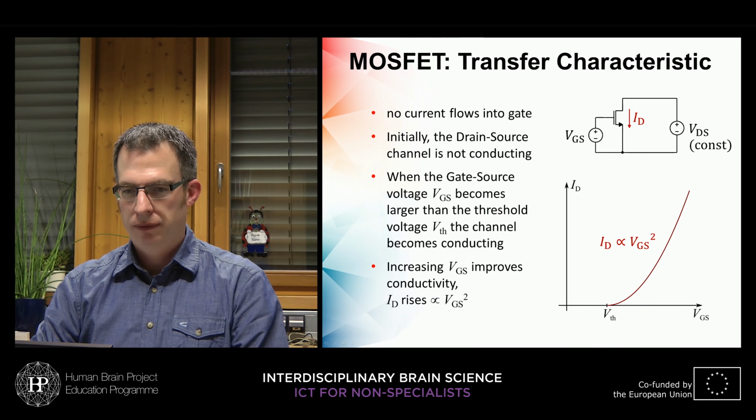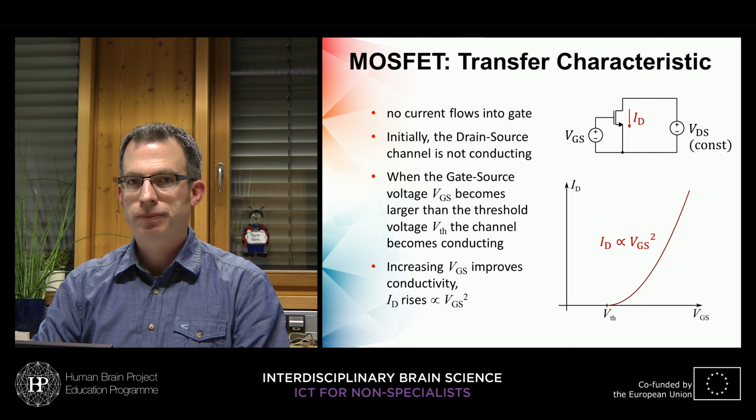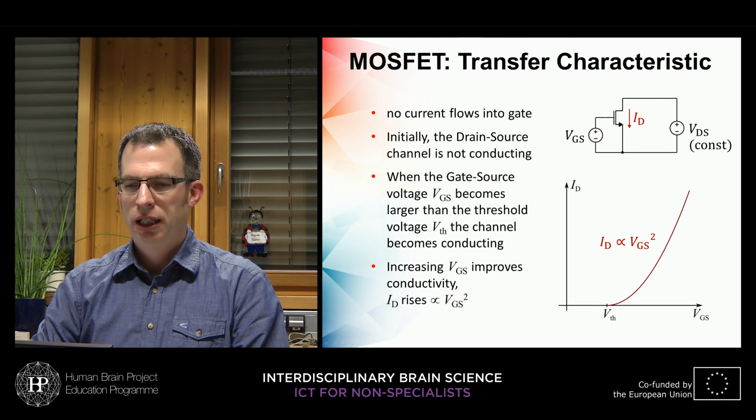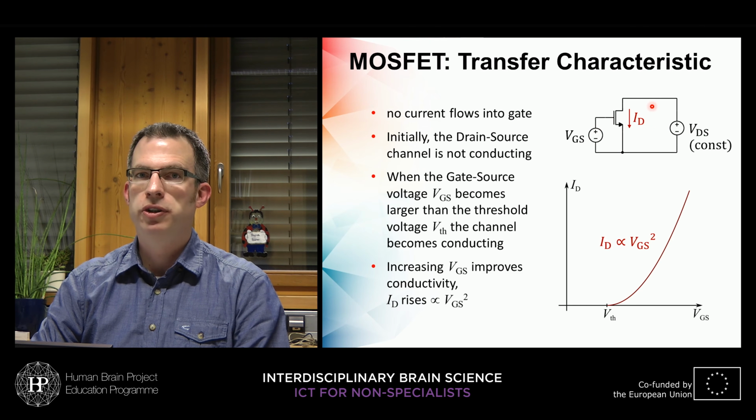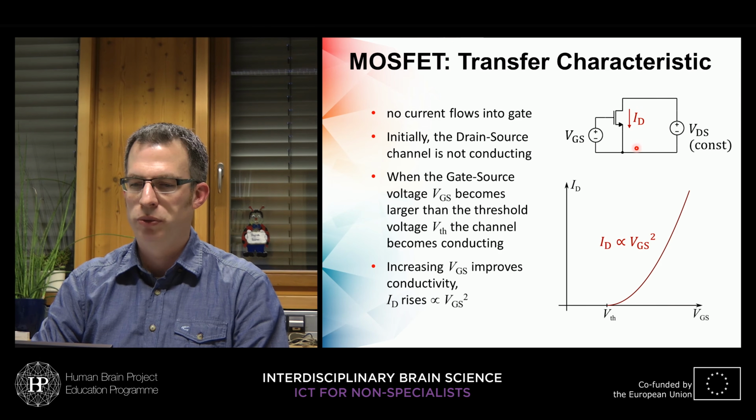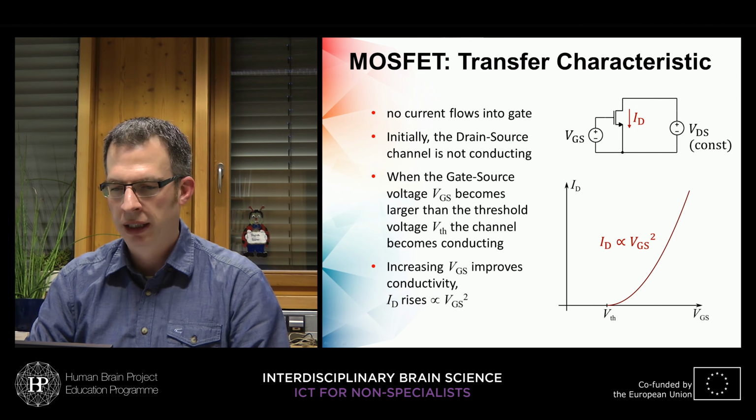So, to analyze these modes of operation, we use such a circuit here. So we have an input voltage, that's the gate to source voltage, and we have sort of an output voltage, that's the drain to source voltage. And the drain to source voltage can cause a drain current to flow through the transistor, that's ID here.